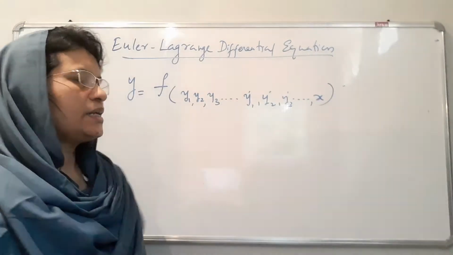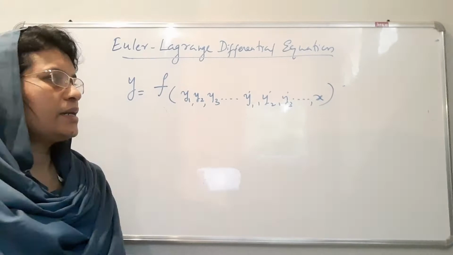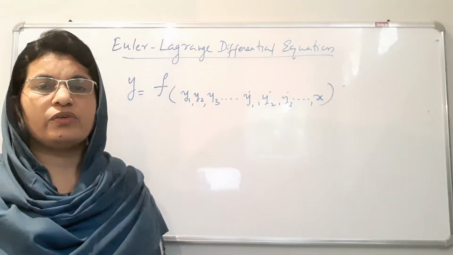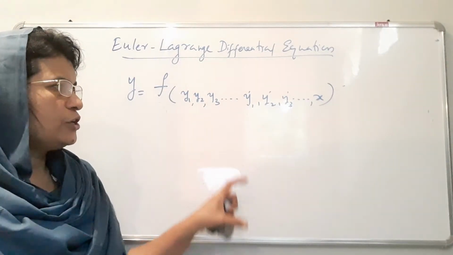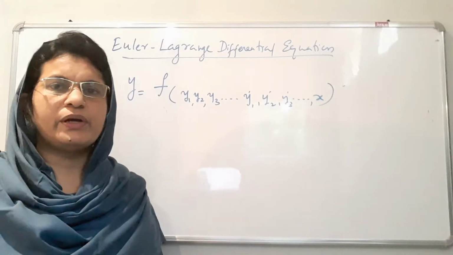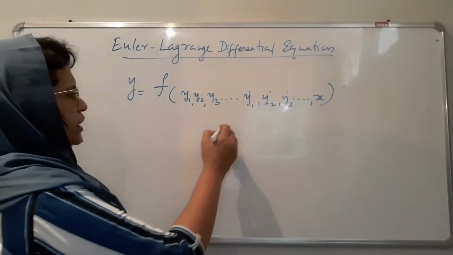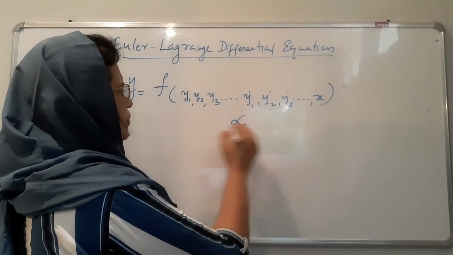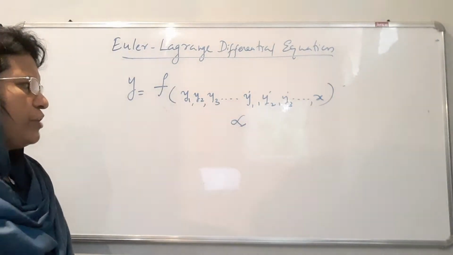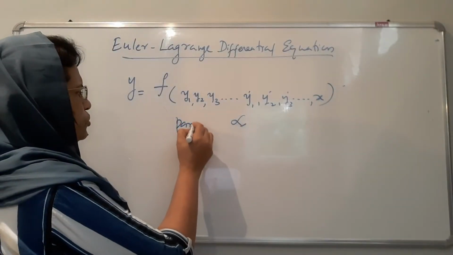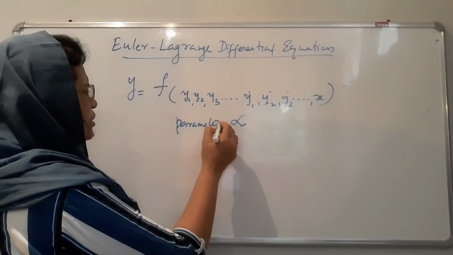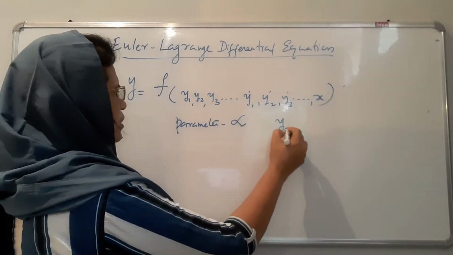Another thing we have to consider is that there are so many possible paths. We are coming to the minimum path, but before coming to the minimum path, there are so many possible paths. Therefore, we have to consider a parameter alpha. Alpha is a parameter to consider while considering different paths for yj.